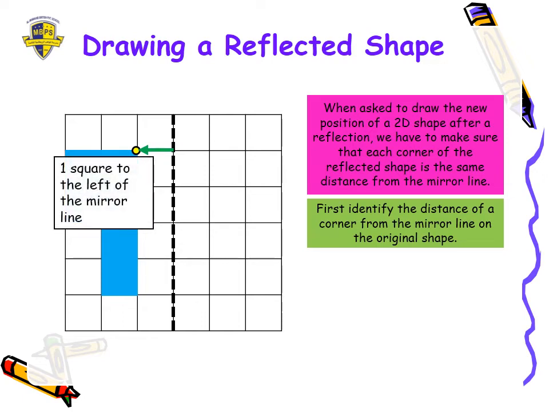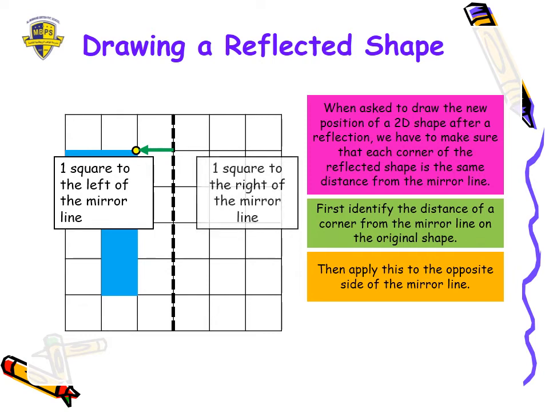This corner is 1 square to the left of the mirror line. So the distance between the yellow corner and the mirror line is 1 square. So I draw a new dot on the other side, which is only 1 square to the right of the mirror line.